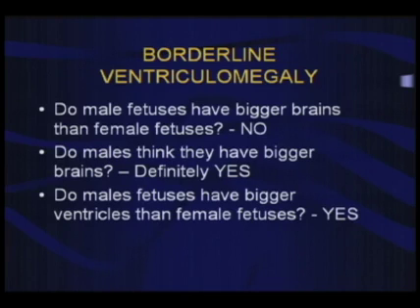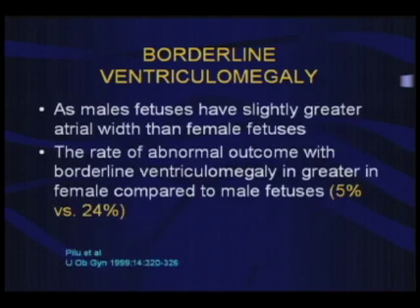In fact, if we look at male fetuses, they do tend to have slightly larger ventricles than female fetuses. So what does that mean? Well, what it translates into is the rate of abnormal outcome with borderline ventriculomegaly is greater in female fetuses as compared to male fetuses.